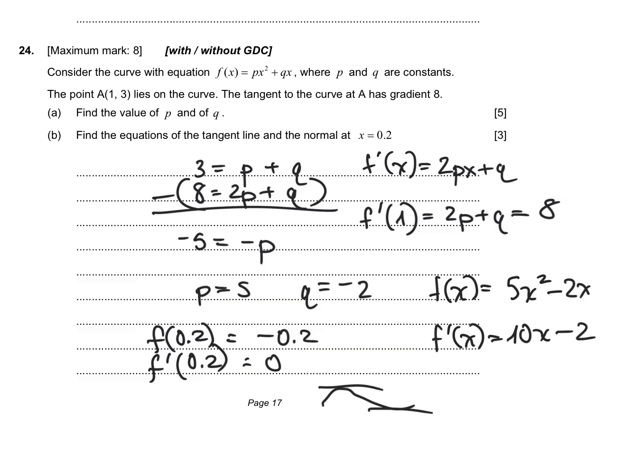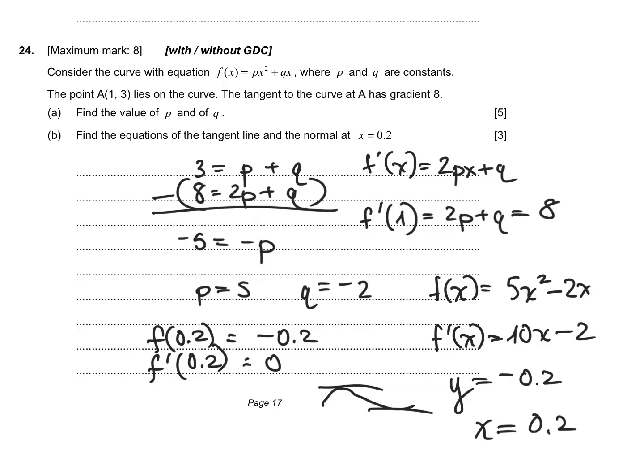So you're going to have something like that, one of those anyway. So you're just going to have y is negative 0.2. That's the equation of the tangent. And then the equation of the normal is x is 0.2.